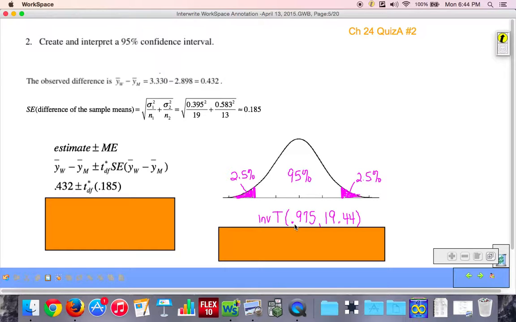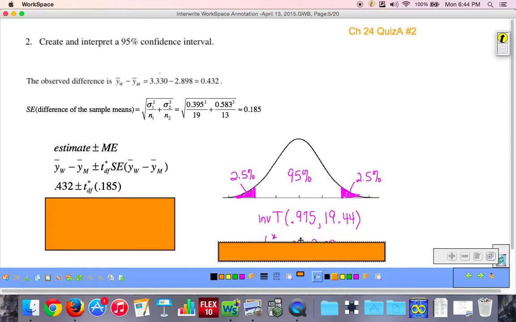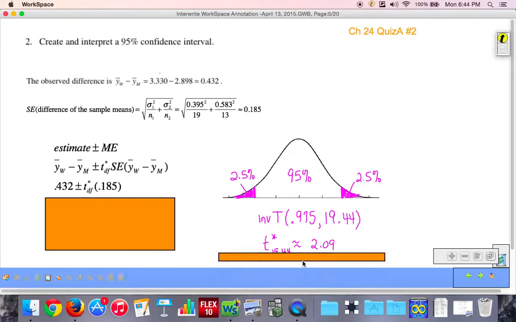Second vars, arrow down to inverse t, and it's 0.975. That's the area under the curve. And 19.44 is our degrees of freedom. Hit enter, and we should get approximately 2.09. So our critical t value for a 95% confidence interval with 19.44 degrees of freedom is approximately 2.09.